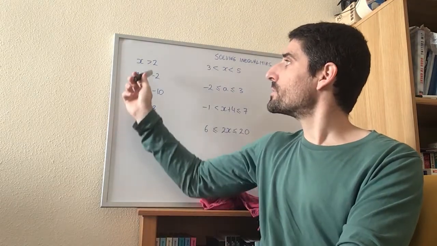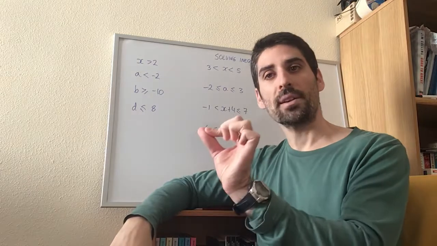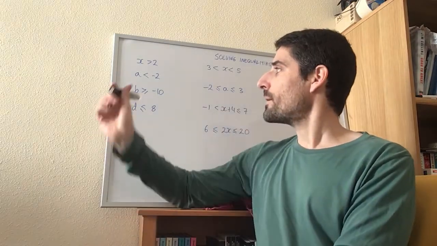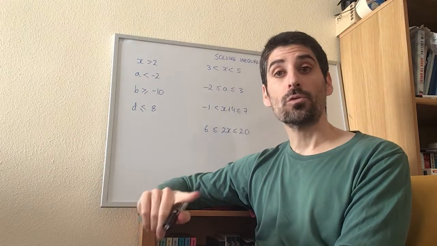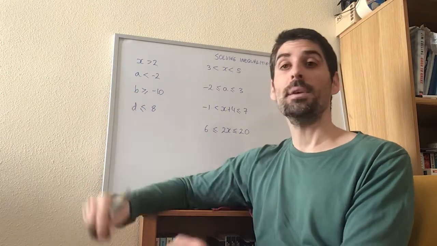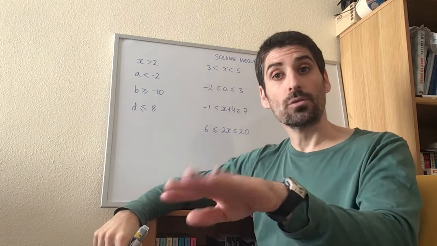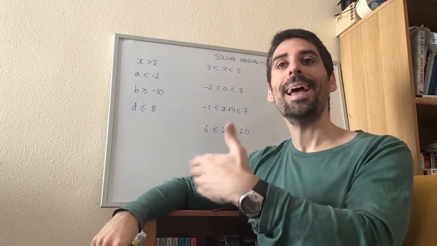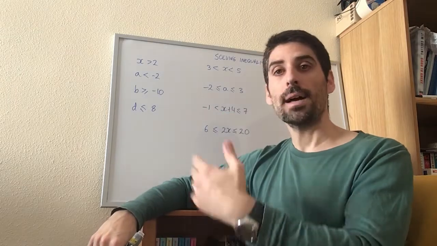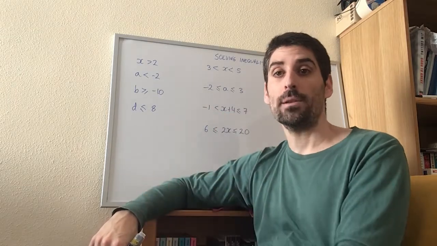That symbol there is very similar to the one we had above, but it's got an extra line underneath. So that means that b is greater than or equal to minus 10. b is going to be any value so long as it is greater than or equal to minus 10.